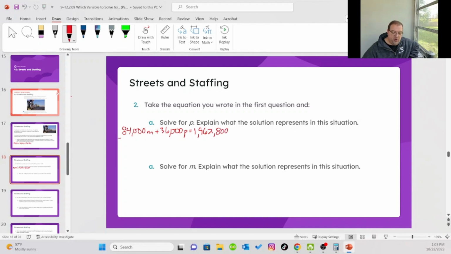First thing I want to do is get rid of the 84,000 M. So now I have 36,000 P equals 1,962,800 minus 84,000 M. Now I need to get rid of the 36,000 by dividing both sides. And I end up with an equation that solves for P.